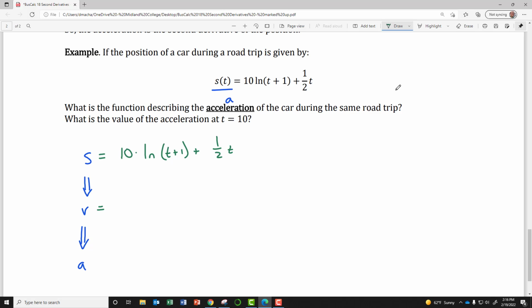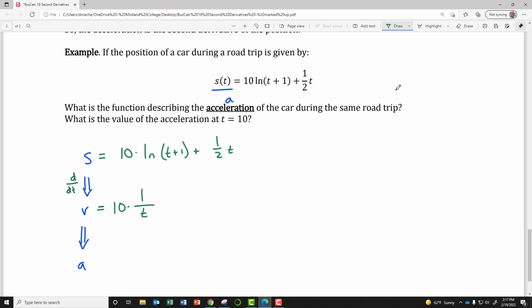When I take the first derivative with respect to time, that 10 stays the same because it's just a constant multiplier. The derivative of the natural log function should be 1 over t. And then chain rule says that I should multiply times the derivative of the inside function here. Now my inside function is going to be t plus 1.